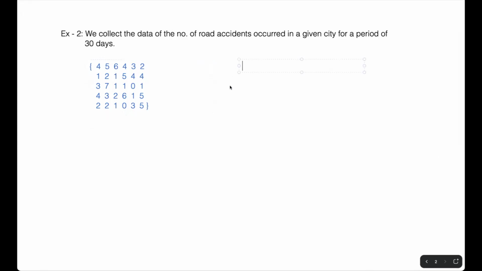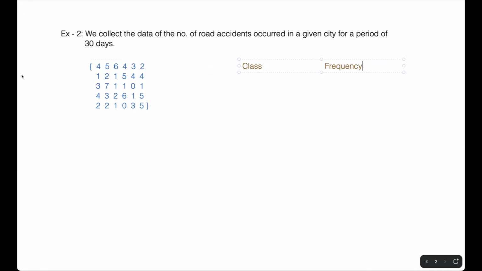So here again we can simply show the classes and the corresponding frequency. And the classes in this case will be the numeric values, like the number of road accidents that occurred on a given day.